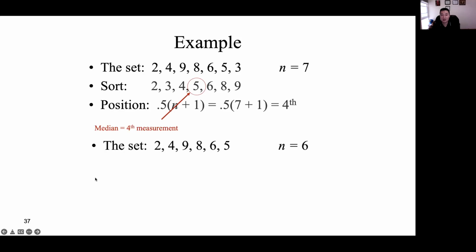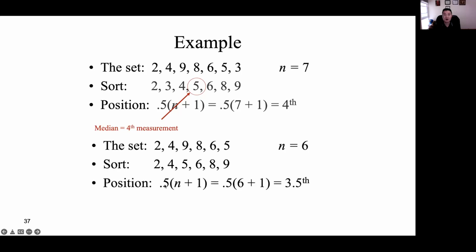If the set has an even number of items, that's the key in this case. So we have 6 sample items. Again, we sort from small to large, and we also calculate 0.5 times (n plus 1). In this case, we get 3.5. So what we do then is take the average of the third and fourth sample items.